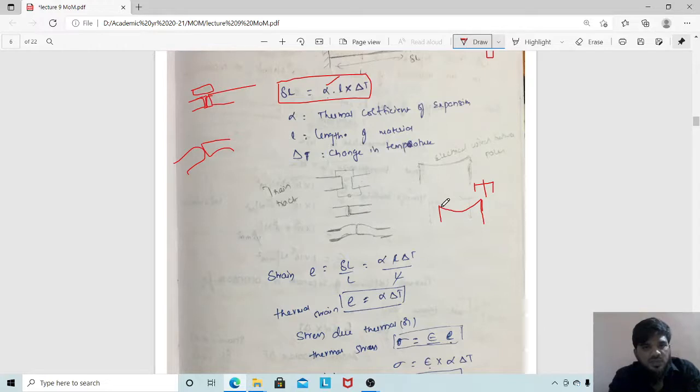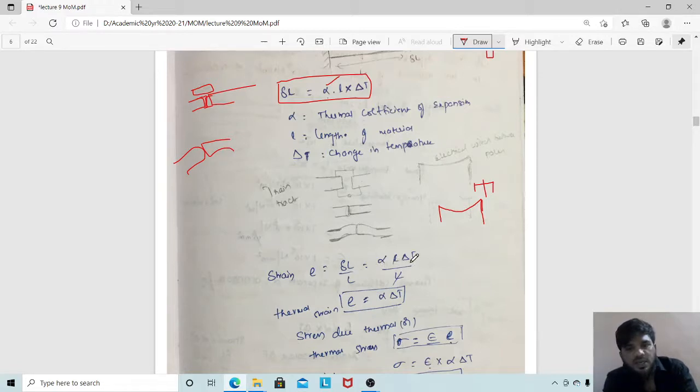Because of thermal stresses, some changes happen. When there is stress, obviously there will be some amount of strain. We know the relationship between stress and strain. We know that strain is equal to delta L by L. You already know the value of delta L. What is delta L?